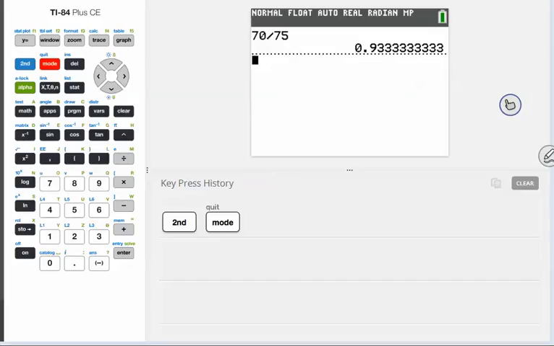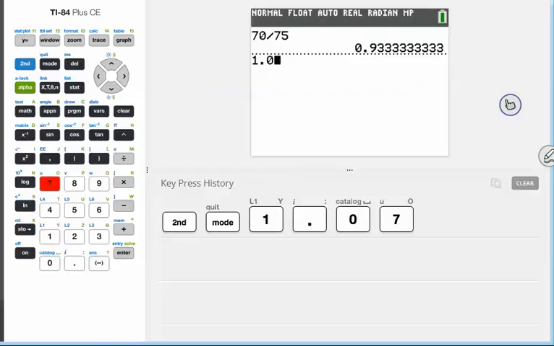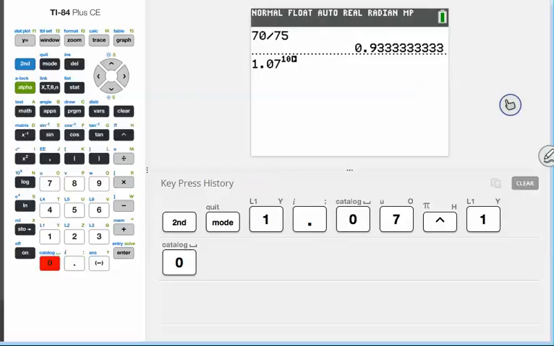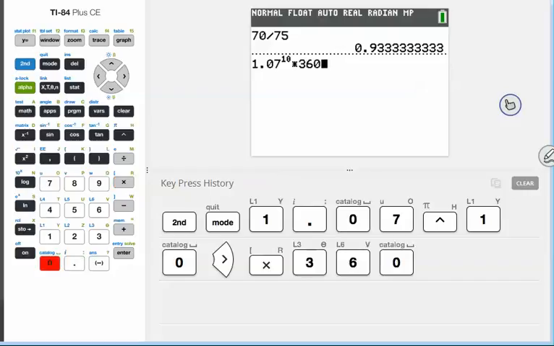I'm going to do 1.07 to the power of 10, then times that by 360. So I get about 708.17. So I'd say about $708 billion.